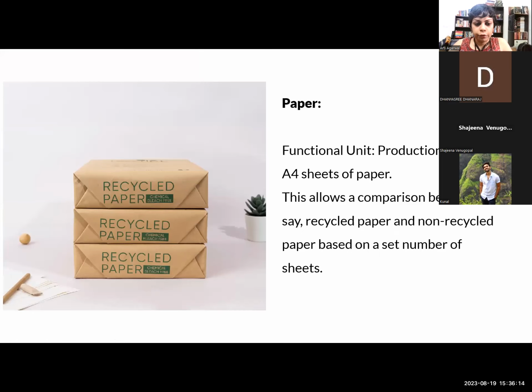So now, for example, if you have recycled paper versus normal paper versus maybe some other type of very premium paper, different brands of paper, and you want to do a comparison to see which has a lower environmental footprint, or which is more efficient. There are different types of papers these days.